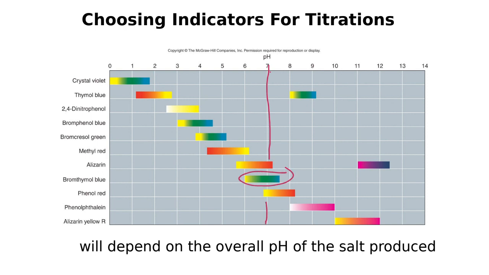The best is bromothymol blue because it turns color right at a pH of 7, but the color is hard to determine because we're going from yellow to blue, and the in-between phase is green, and it's really hard sometimes to see that color. So be aware that there are different indicators available depending on the type of acid and base you're reacting.